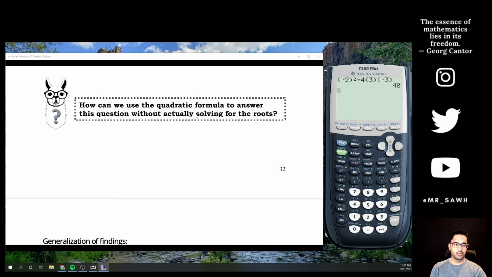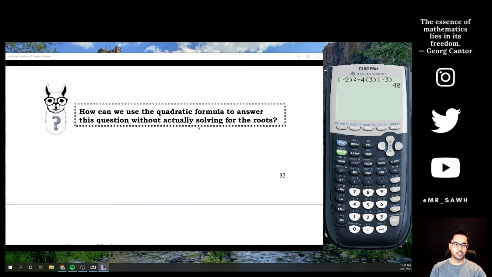And if you think about the quadratic formula to answer this question, without actually solving for them, we said that there are some numbers that can't be square rooted.